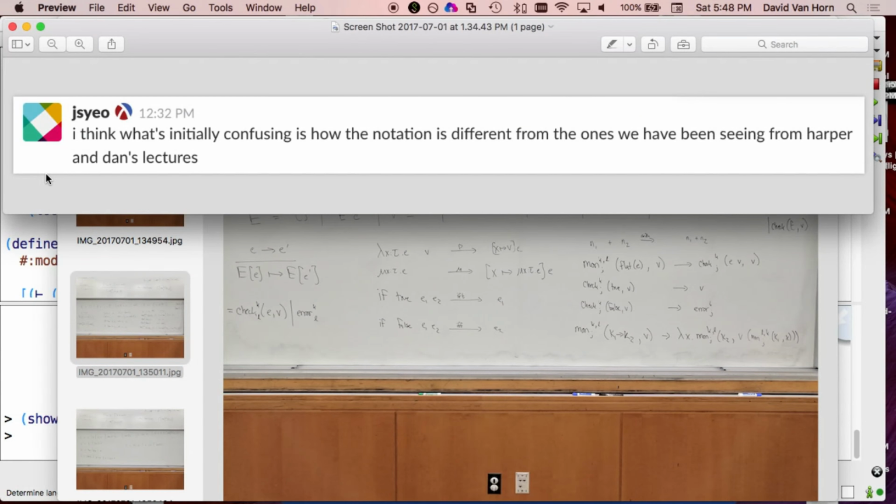I think Bob and Frank and Dan were all presenting dynamic semantics in a different style than what Sam was doing, and that could be confusing. Not that he's presenting anything different, it's just a different style. So I thought I'll show it to you in the way that Sam did it, and then I can show it to you using the kinds of rules that the other speakers would have used.